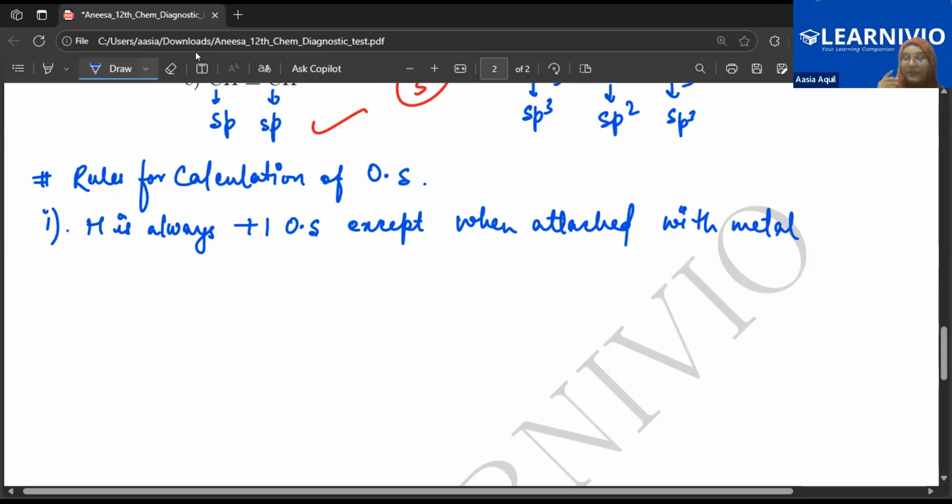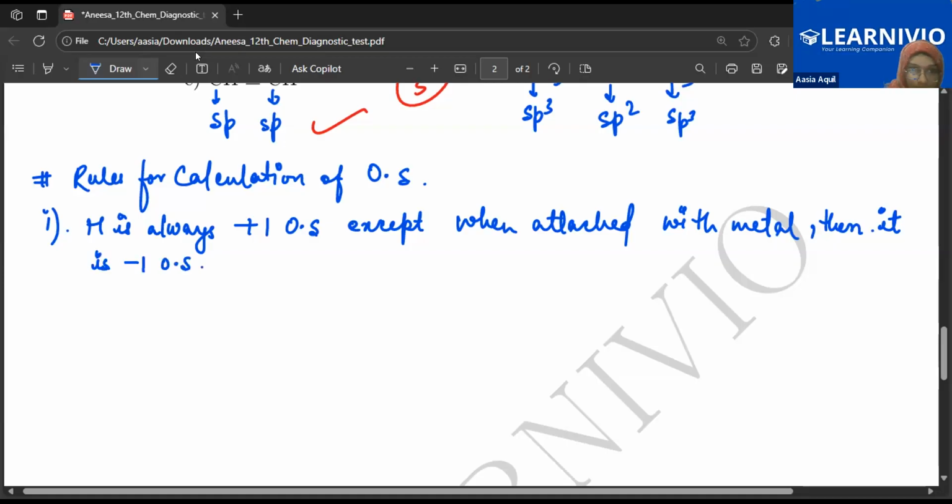So just remember, in any bond the hydrogen will always have +1 oxidation state, except when the hydrogen is attached with the metal. Then the hydrogen will have -1 oxidation state.